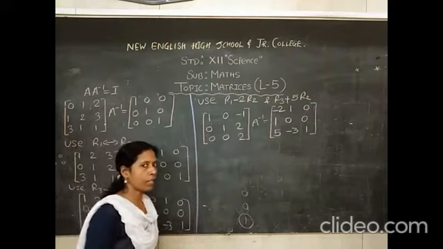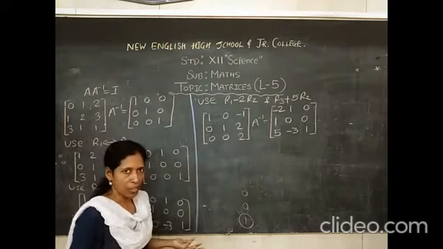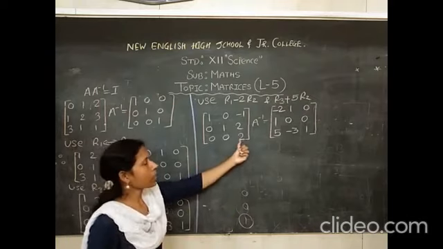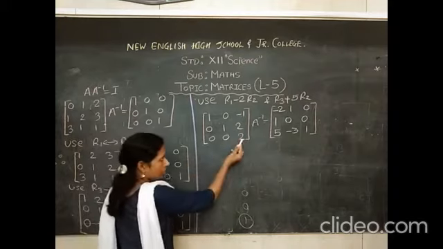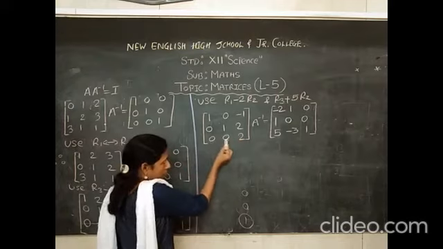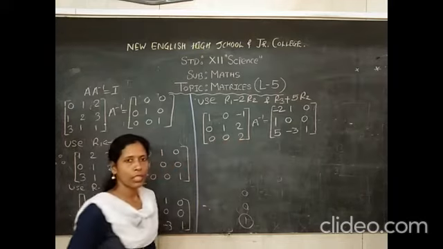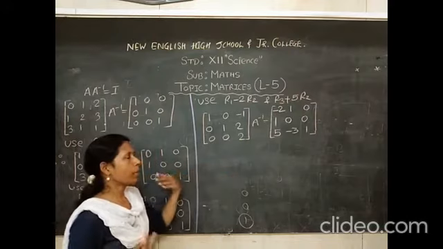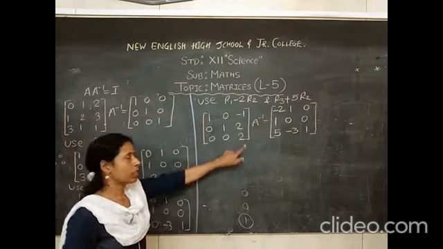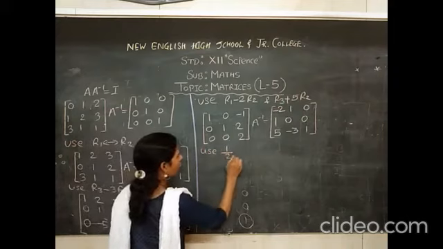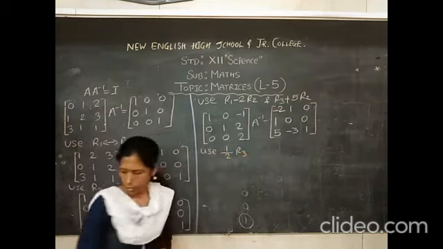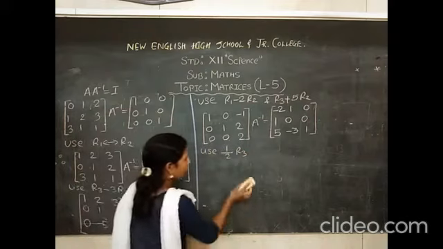As in previous matrix, we divided it by minus 5, here we will divide it by 2. Because when I am dividing it by 2, it is not going to affect this 0. It will remain as it is. So better to divide it by whatever number is over here, 2. So what I will do, I will use 1 by 2 times R3.